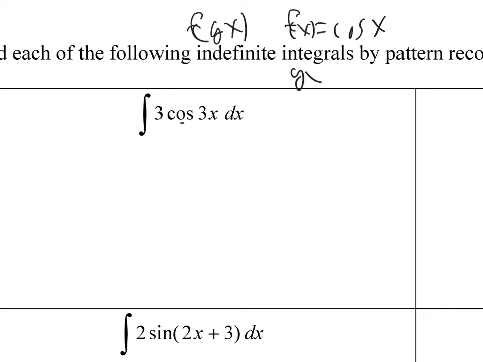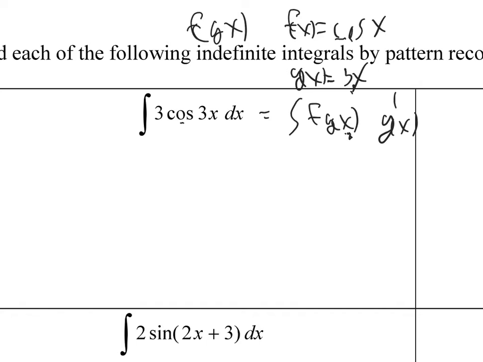My inner function, g of x, would be just 3x. So I'm truly looking at integrate f of g of x, cosine of 3x. But what do I have to have next to it? I need to have my g prime.